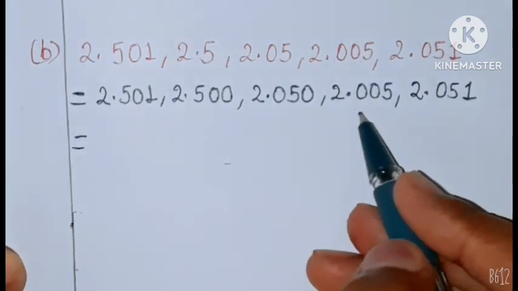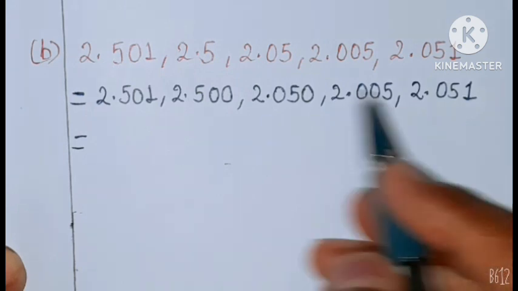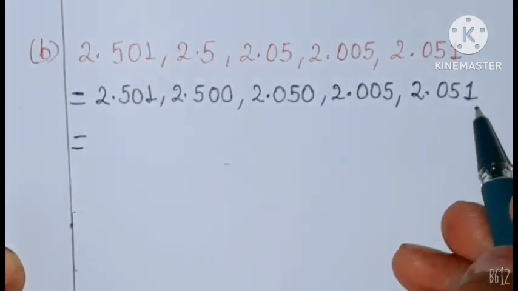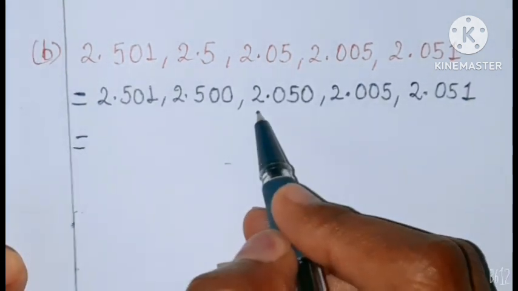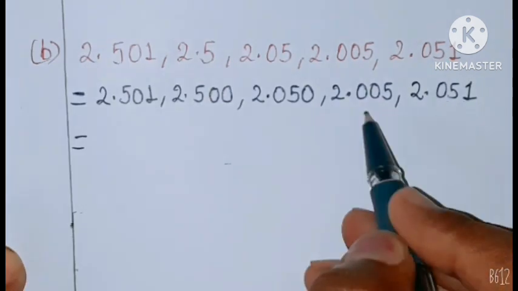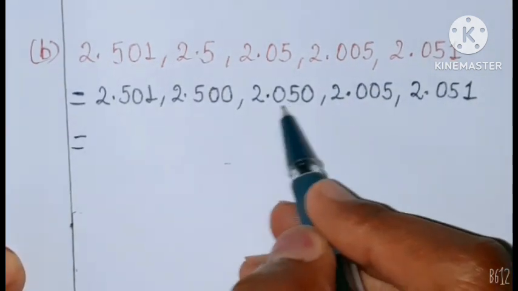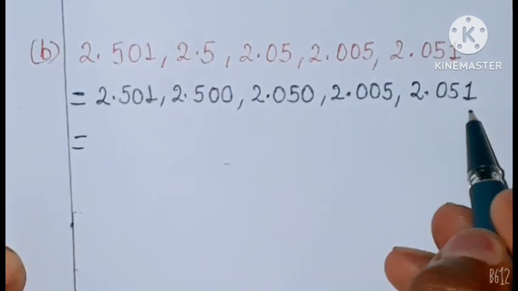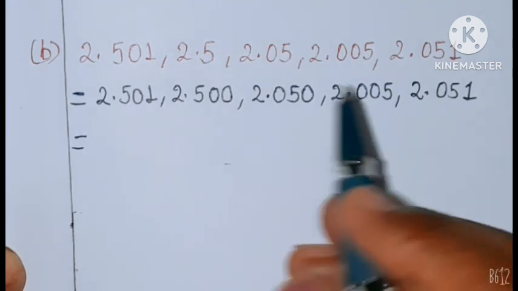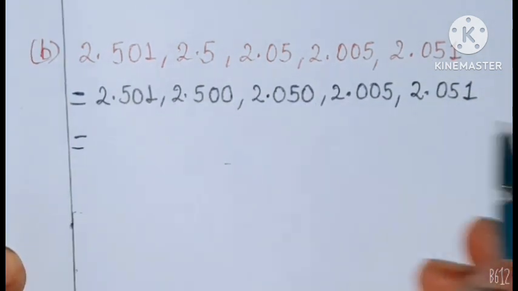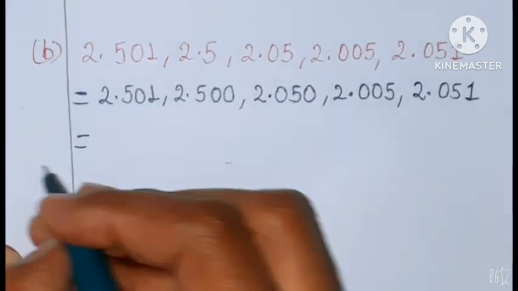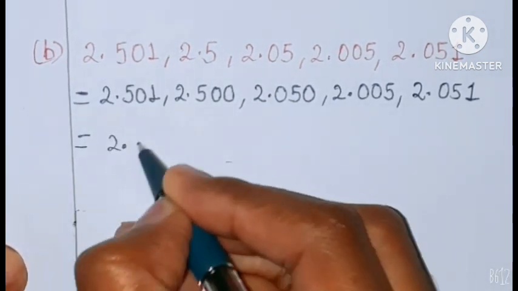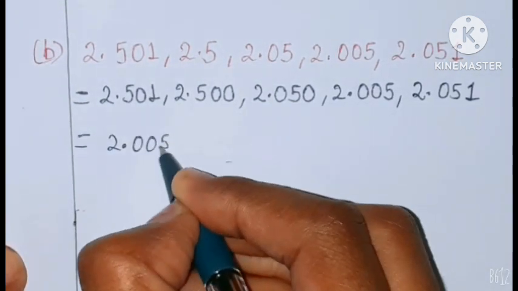So the value of 2.005 is only 5, and here is 50 and here is 51. So obviously 5 is smaller than 50 and 51. 2.005 is always smaller than 2.050 and 2.051, as the value of 5 is always less than 50 and 51. So we will write 2.005 first.